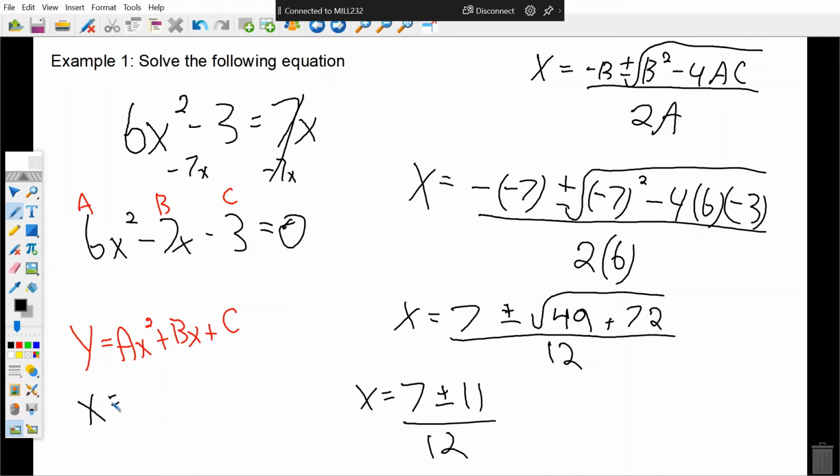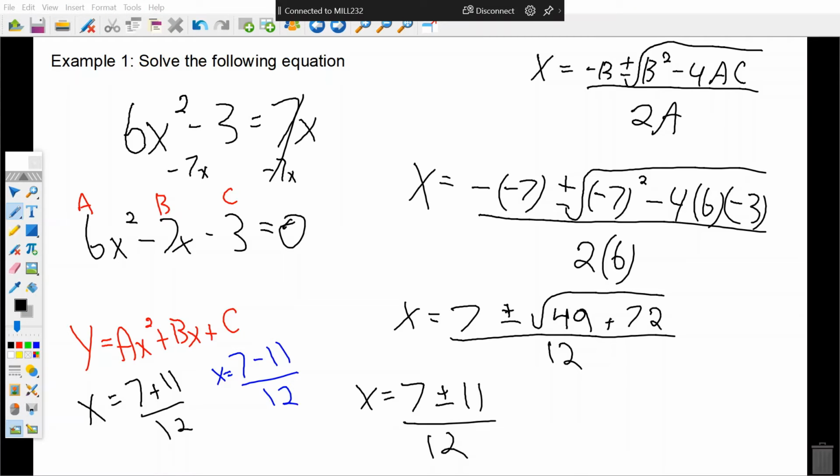I'll do the one in blue, 7 minus 11 over 12, because we have a plus 11 and a negative 11.